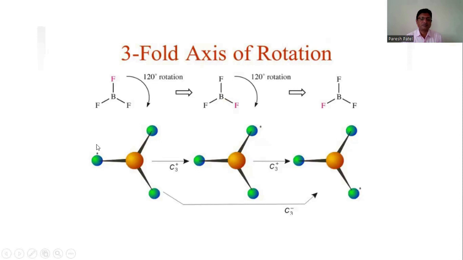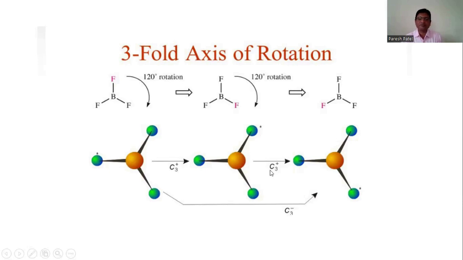So this boron-fluorine bond will come over here by rotating 120 degrees along the main principal axis. If you go for another 120 degree rotation, this boron-fluorine bond will come over here. So these symmetry operations can be recognized as C3^1, and the second rotation can be represented as C3^2.